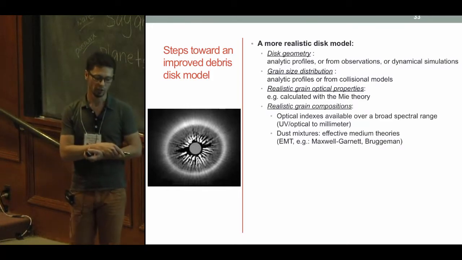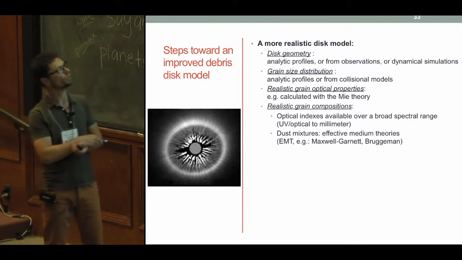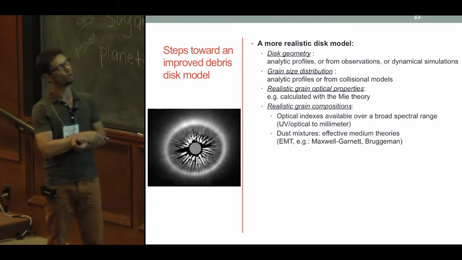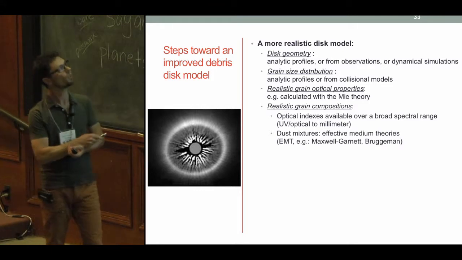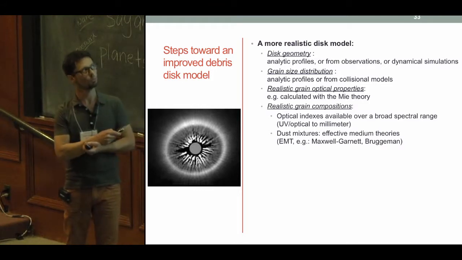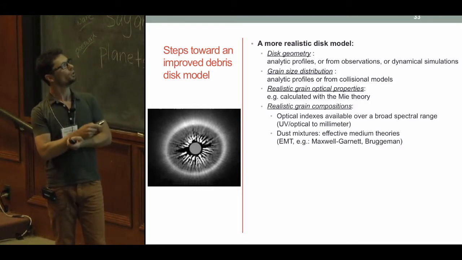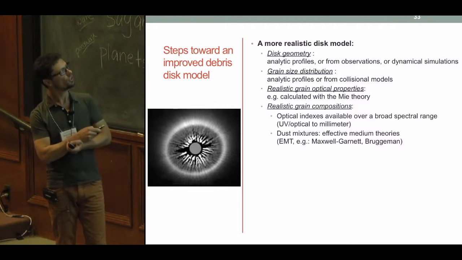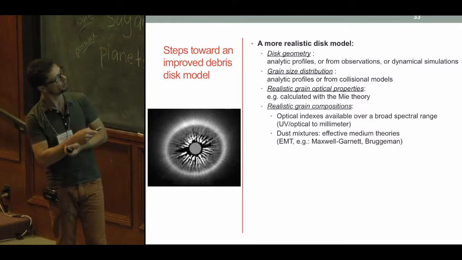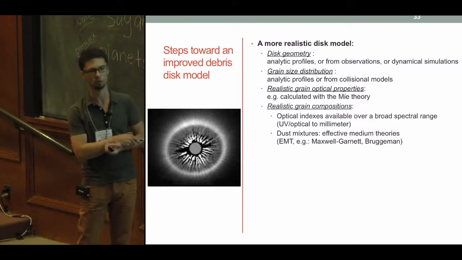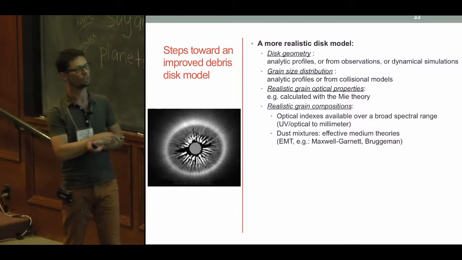A more realistic model should take various things into account. The disk geometry. You can assume analytical profiles, but you can also use such images, for instance, and say, okay, my dust is located here, there is no dust there, so you can plug this kind of information into your disk model and try to fit the SED.